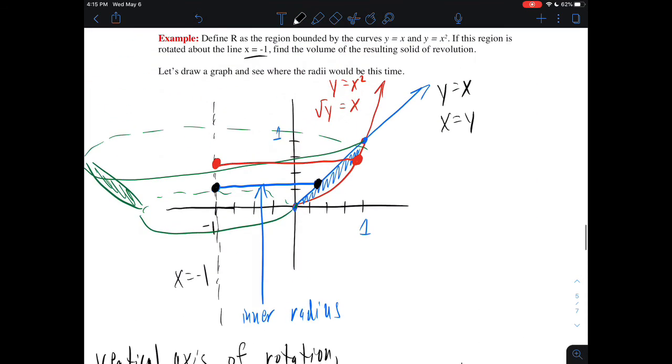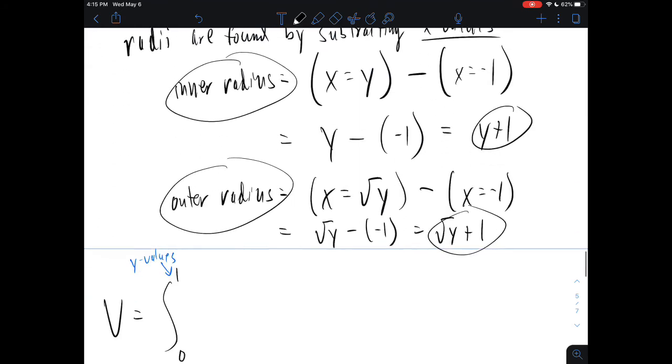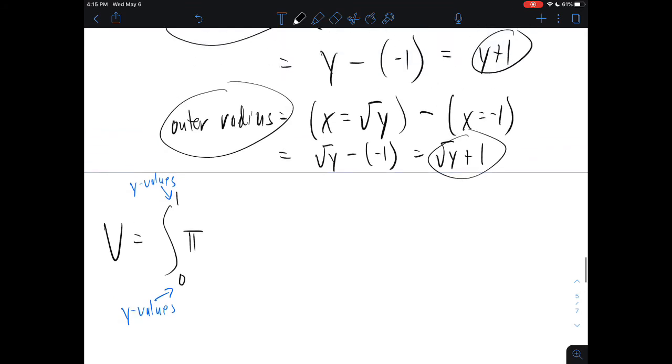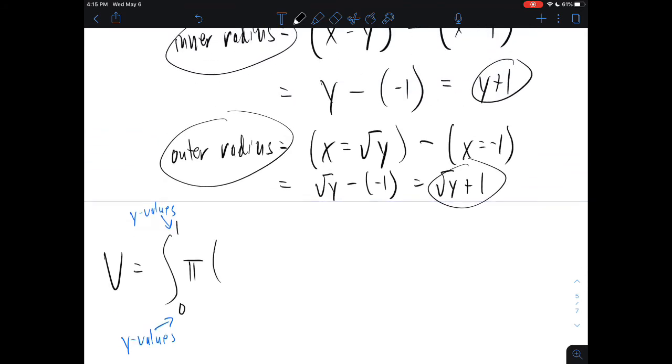Because x is going between 0 and 1, but so is also y. That's also going between 0 and 1. And then I have pi times the outer radius squared, square root of y plus 1, quantity squared, minus pi times the inner radius squared, so pi times quantity y plus 1 squared. And I'm integrating now with respect to y.